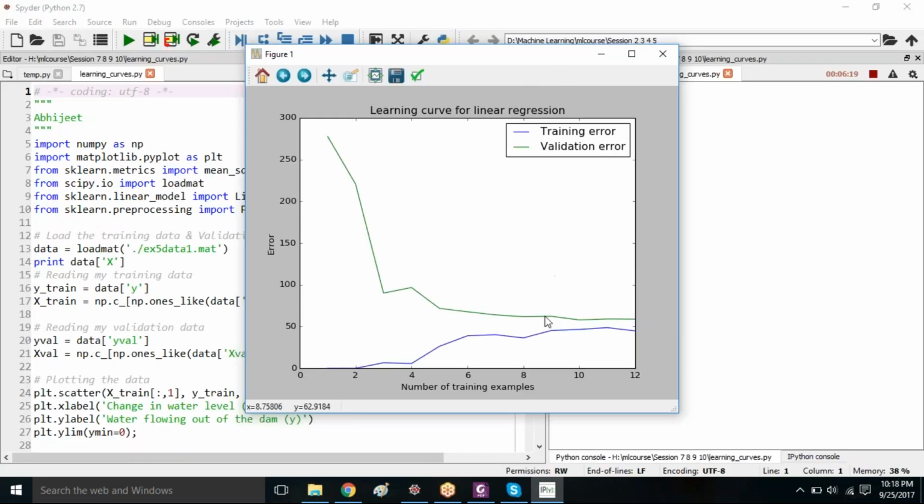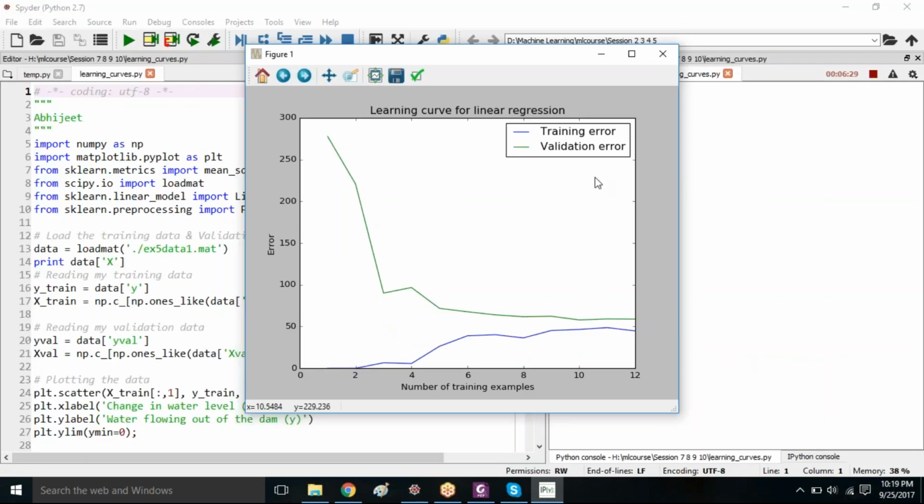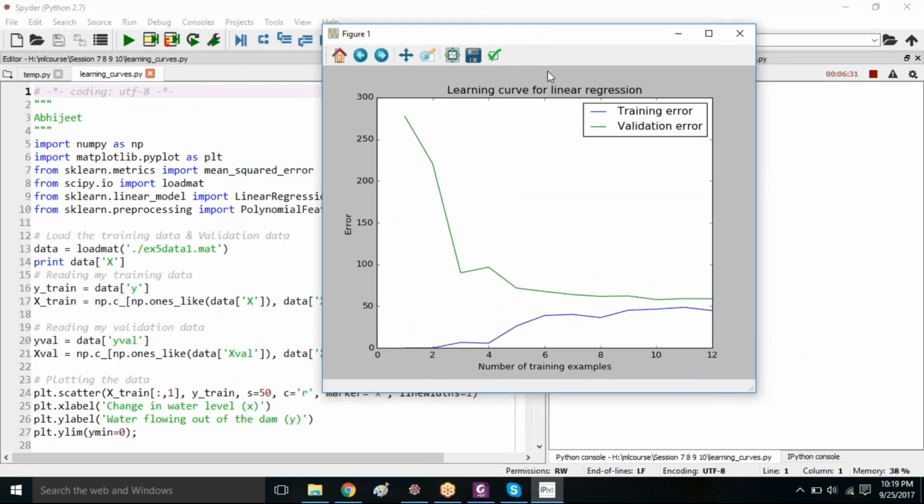Now I have cut that particular diagram. So now this has come. It is showing you, on the same example of degree 1, the error. What is this here? The error, the cost function, the sum total error.